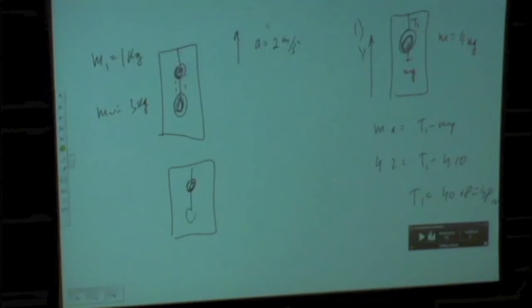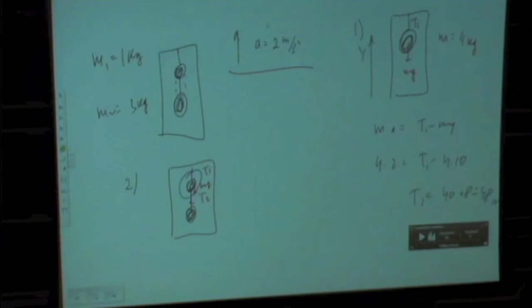If I choose my new system like this, the top ball only, now what we have here is the same T1, because it's the same string acting on the same ball. But in addition, we also have tension T2, and of course we have gravity mg. But that's going to be a different gravity now, the gravity acting on a 1 kilogram ball. But still, that 1 kilogram ball travels upward with the acceleration. Well, I don't know actually how it travels, I have to read the problem. But we know that the acceleration points up.